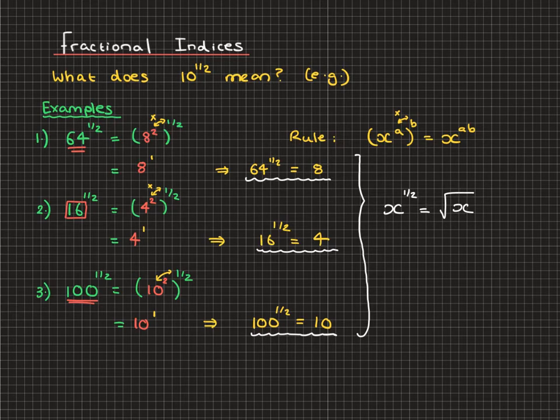So we know, for instance, that the square root of 64 is 8, because 8 multiplied by 8 is 64. The square root of 16 is 4. The square root of 100 is 10. So a power half means find the square root of a number.